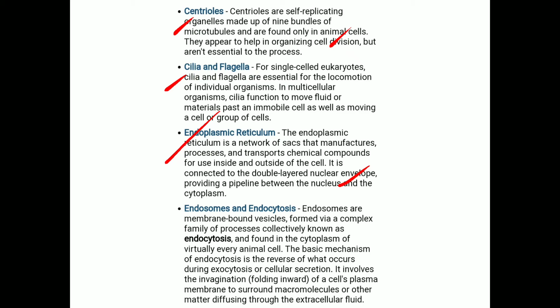The basic mechanism of endocytosis is the reverse of what occurs during exocytosis or cellular secretion. It involves the invagination, meaning folding inward, of a cell's plasma membrane to surround macromolecules or other matter diffusing throughout the extracellular fluid. Here endosomes are nothing but membrane-bounded vesicles involved in the endocytosis process.